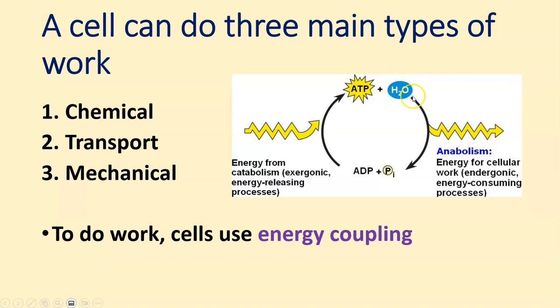So you see water coming in here, ATP is hydrolyzed, and through that reaction, anabolic processes can occur. Anabolic means building up, taking smaller components and building larger ones. So those are endergonic, energy-consuming processes.